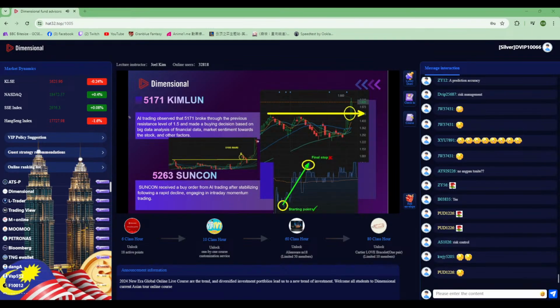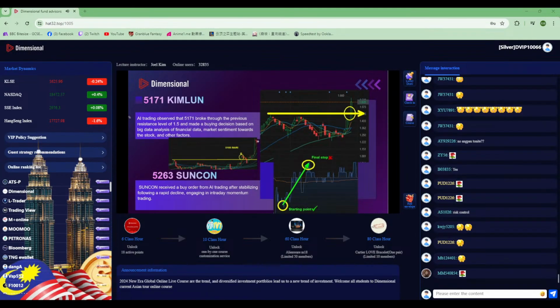Is the buying logic similar to our earlier strategy? Remember Inari also. Now here is Inari, which is focusing on breakouts. This is what we call a breakout above the resistance level, right?